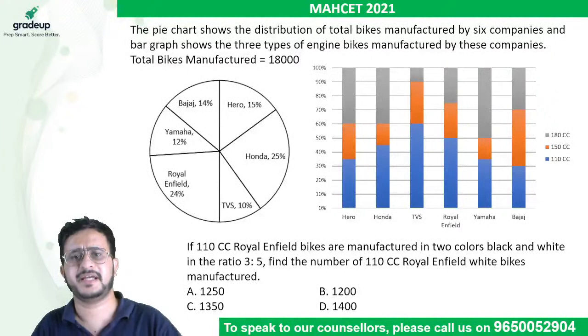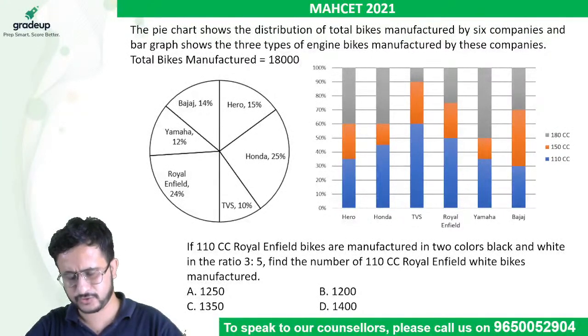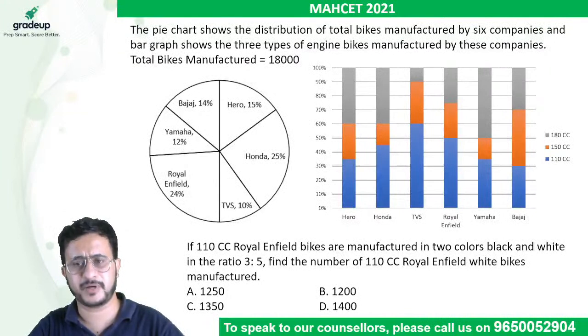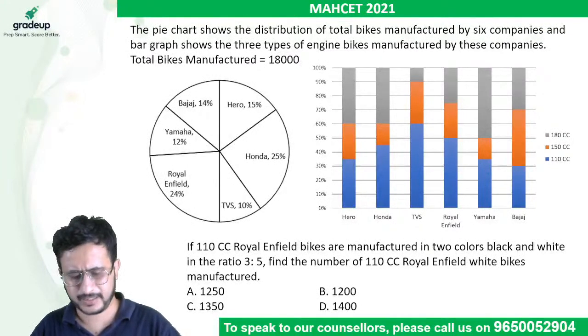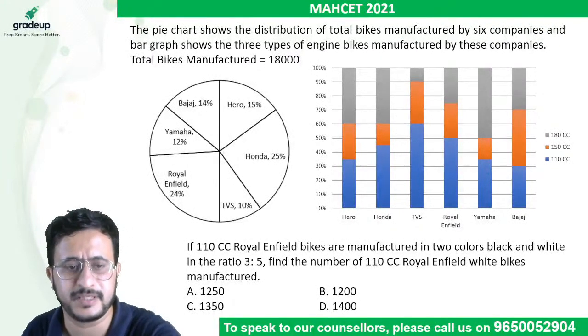So out of 3 DI sets, you will get one like this, wherein you will be given double graphs. So it could be pie chart plus bar graph, or bar plus line or something like that.